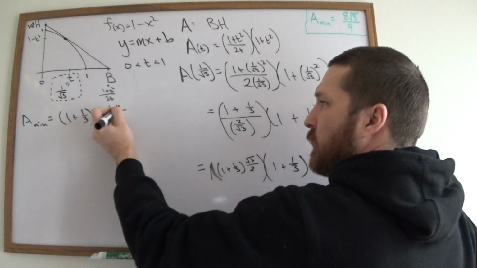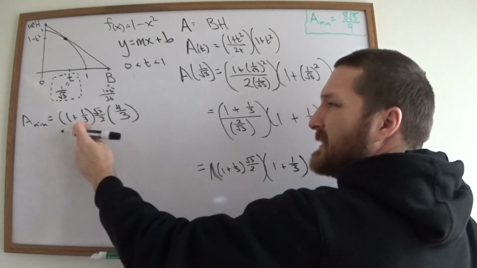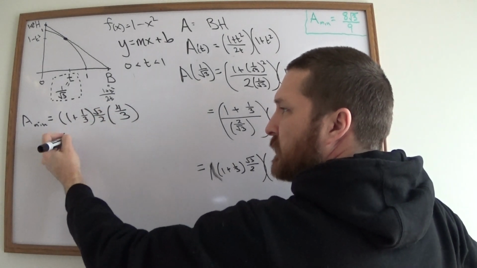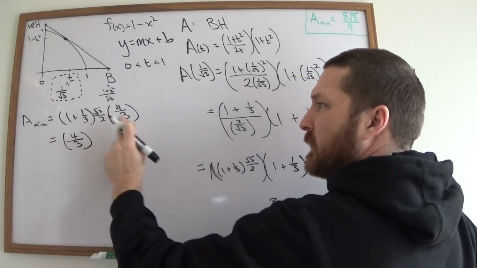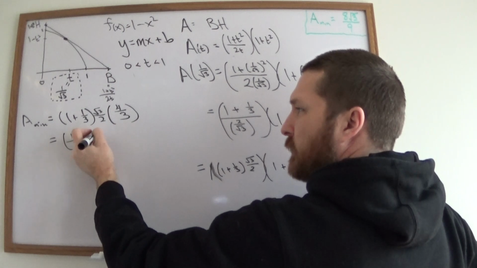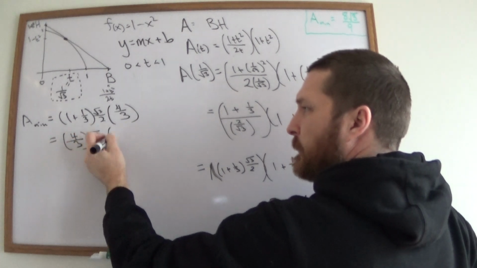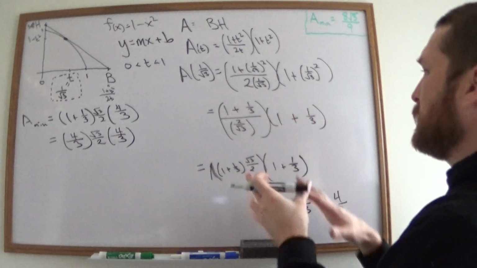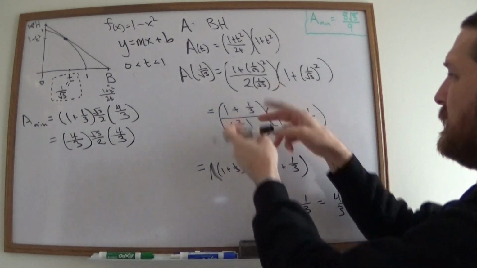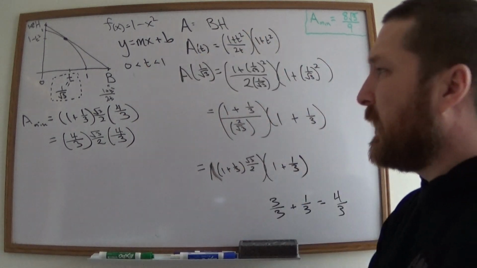So 4 thirds, and that's the same here, also 4 thirds, and we have root 3 over 2. I don't think I've gone this direction before. I've normally killed some denominators, so I hope this works out.